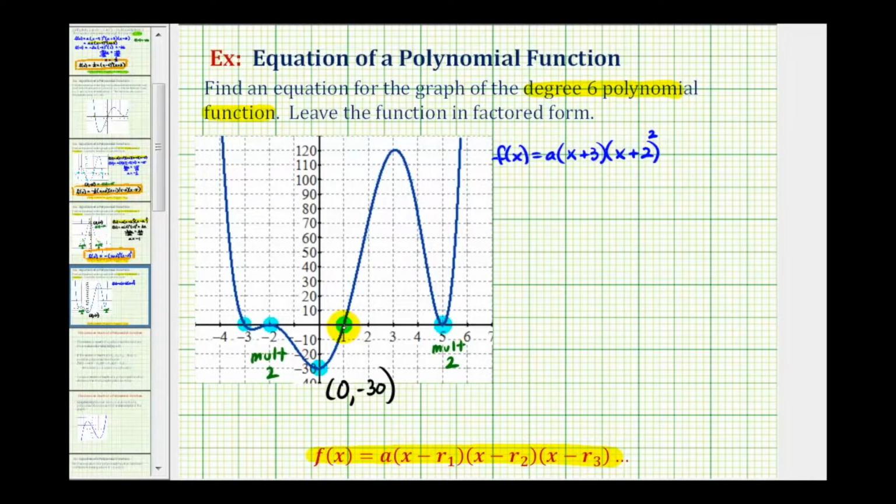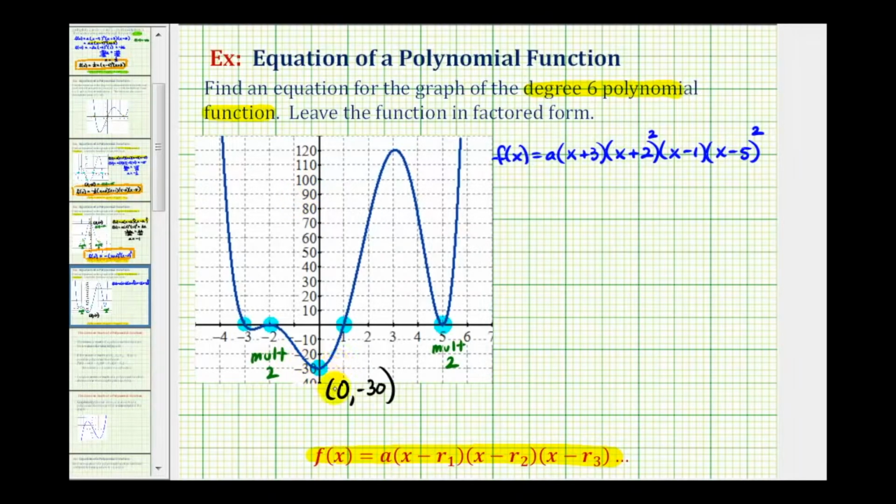Next we have a zero of 1, so we have a factor of x minus 1. And our last zero was x equals 5, so we have a factor of x minus 5. But again, this has multiplicity 2, so we have 2 factors of x minus 5, or the quantity x minus 5 squared. So based upon how our graph behaves, these must be factors of our polynomial function.